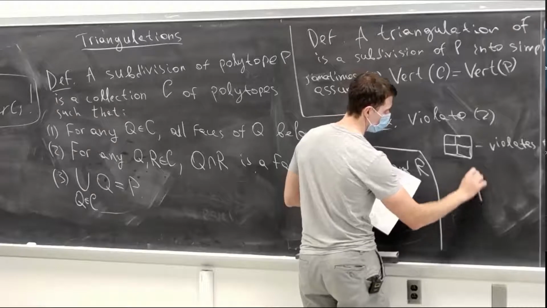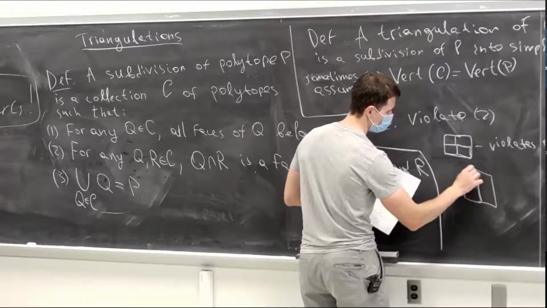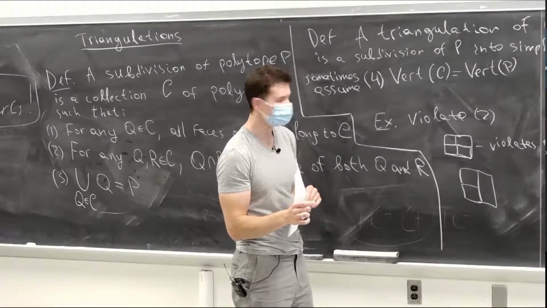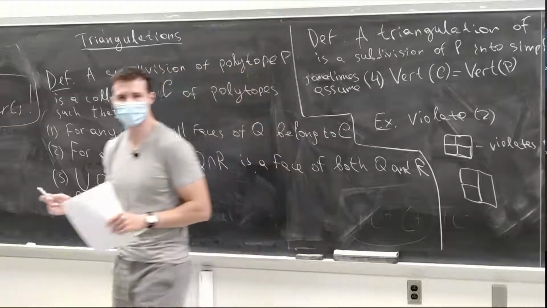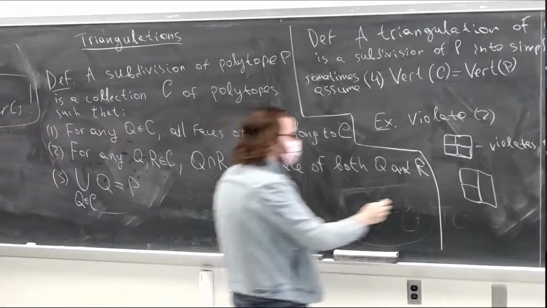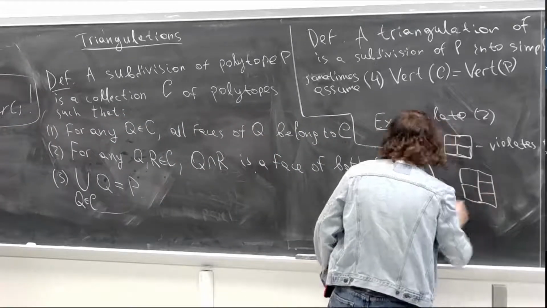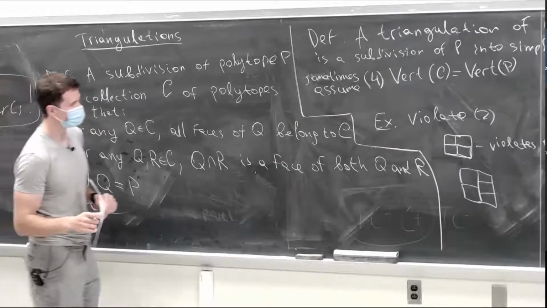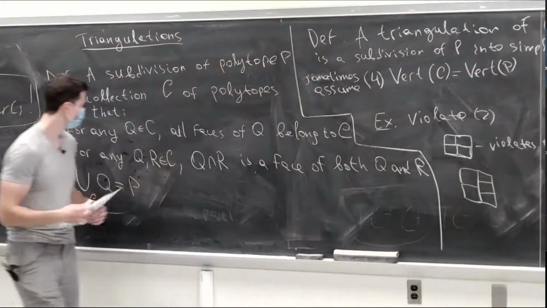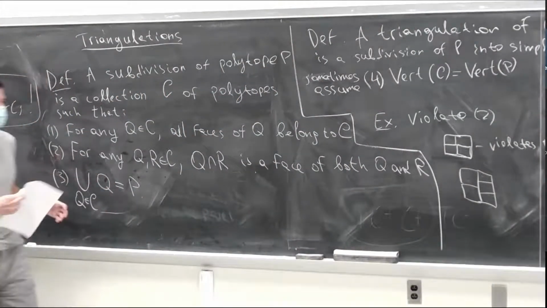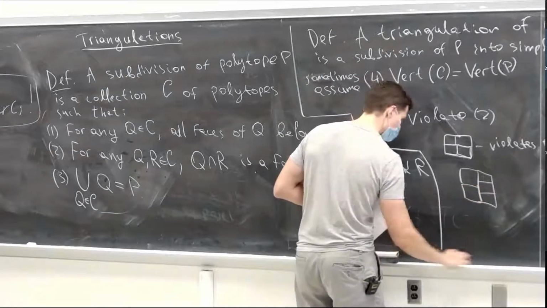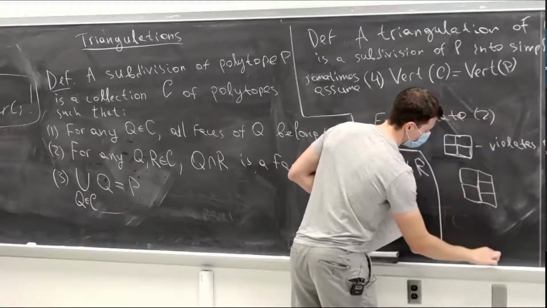You want a picture that looks like this. Sure, if you agree to be on camera. All right. Yeah, so you're saying their interiors are disjoint, but condition 2 is violated, because if you have 2 squares here, then the intersection is not going to be a face of either of them.